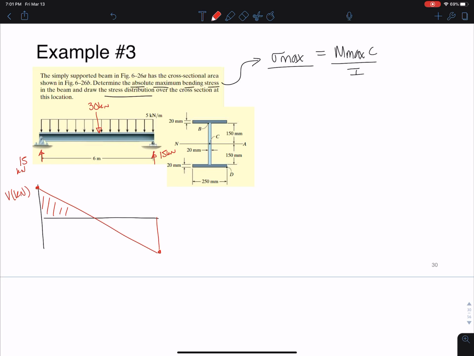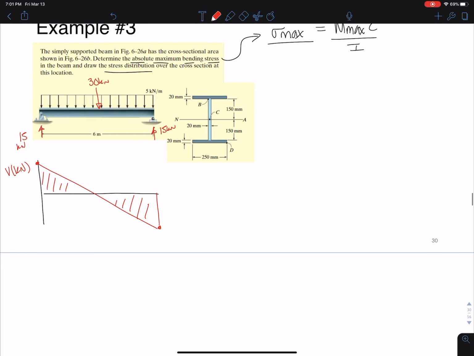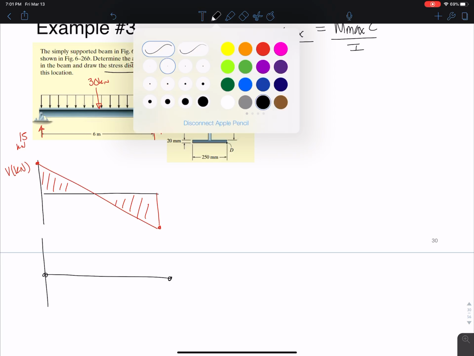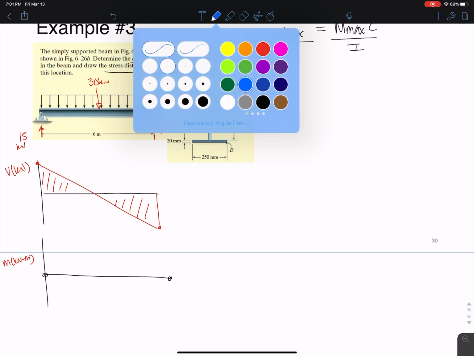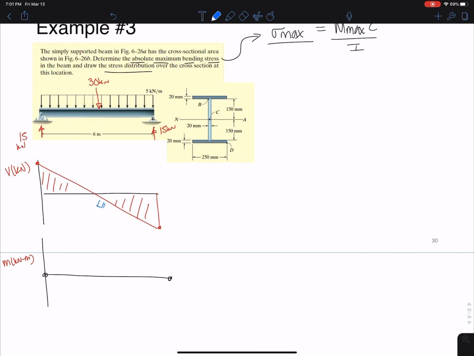Shear in kilonewtons looks like this. And I can easily get the moment now. Starting at 0, ending at 0. To determine what this shape is going to be, this is a straight line, which means M is a parabola.